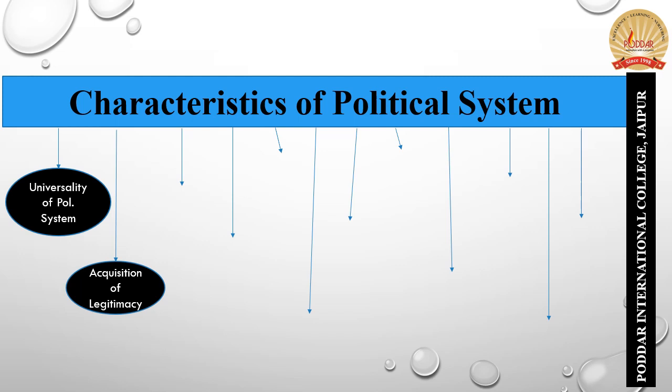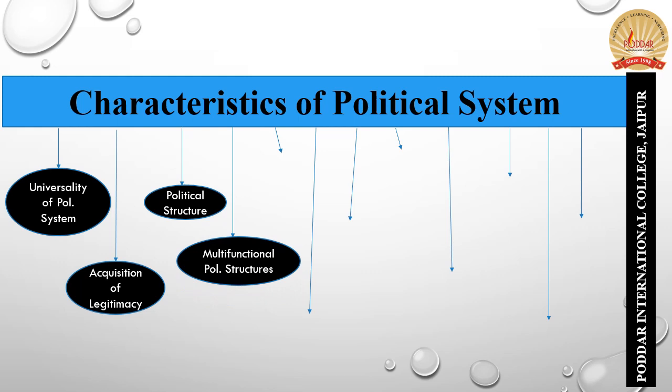Acquisition of legitimacy: it has the capability of legitimacy. Political structure: this is a combination of political structures. Multifunctional political structure: a political structure is not specific to a specific function, it is multifunctional. Power: every structure and every system has power.